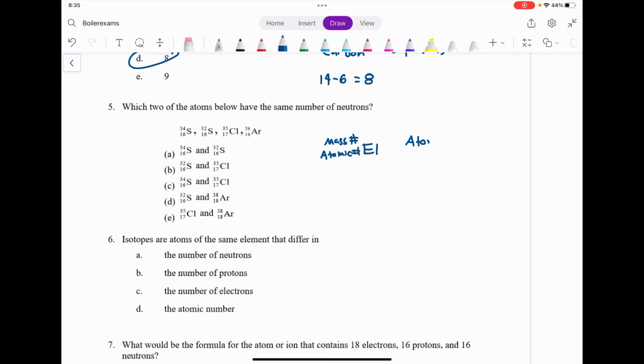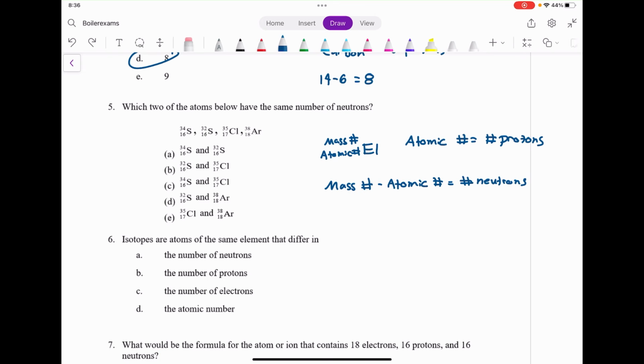An atomic number is just the number of protons, simply. So once again, if you take mass number minus atomic number, which is the number of protons, you're going to get the number of neutrons. AKA, take this top number, subtract the bottom number, that's how many neutrons you have. So let's just go down the list and see how many neutrons we have for each one.